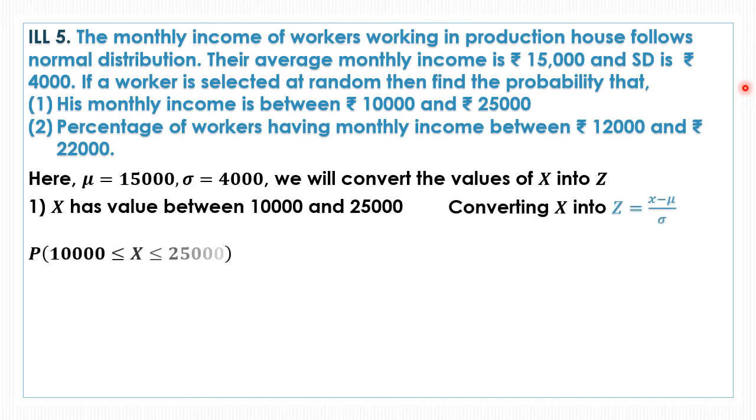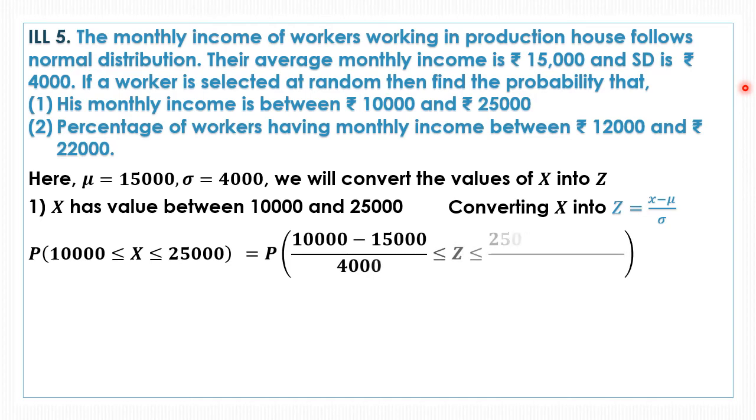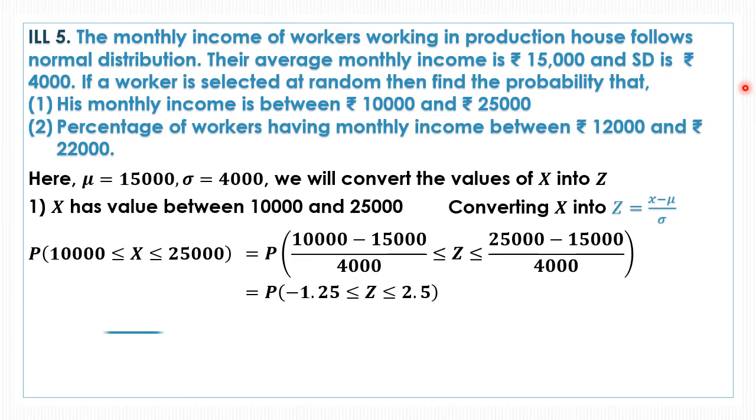First write down the probability 10,000 less than or equal to X less than or equal to 25,000 and then convert it: (10,000 minus 15,000) upon 4,000 and (25,000 minus 15,000) upon 4,000. When you solve this, you get negative 1.25 less than or equal to Z less than or equal to 2.5. So draw a normal curve here with the two values negative 1.25 and 2.5, and when you highlight the area you get something like this.